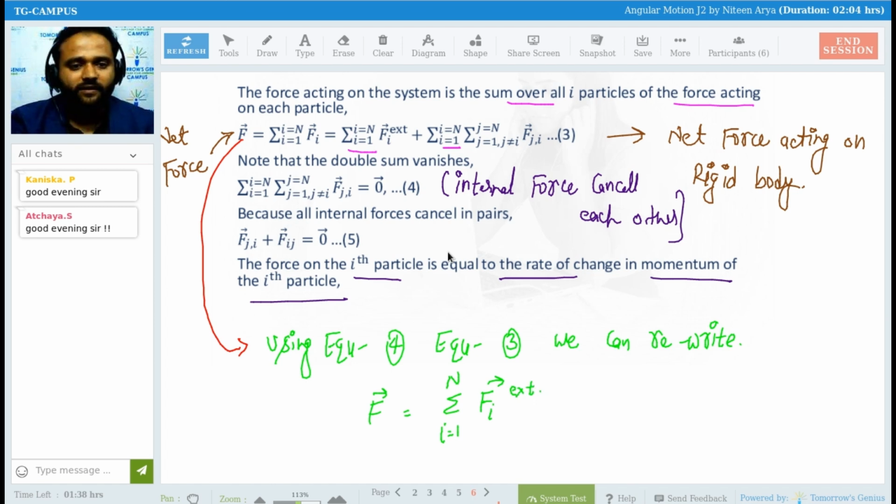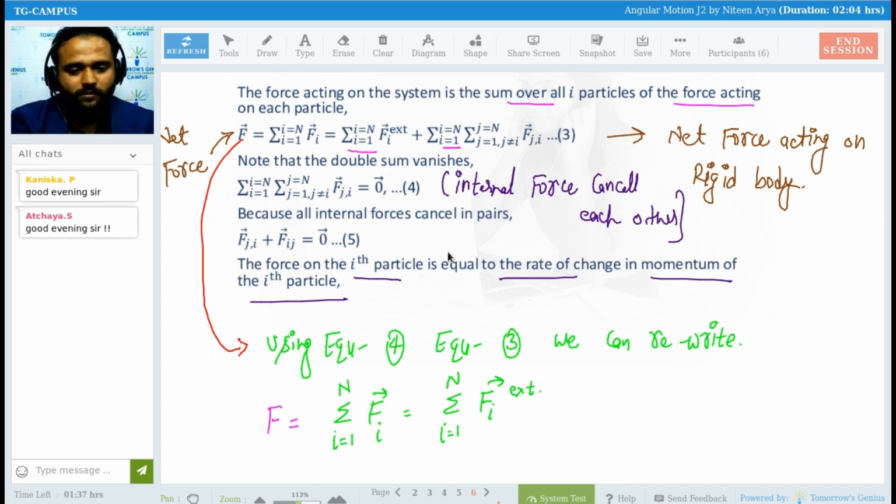Clear? Or you can say simply the summation from i equals 1 to n, and this is the net force.